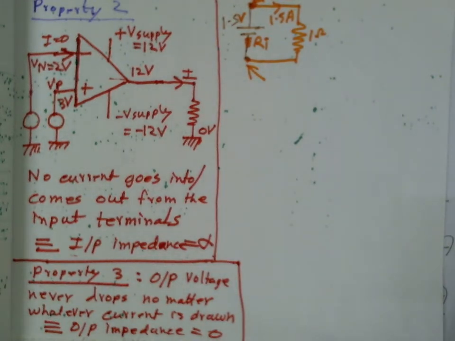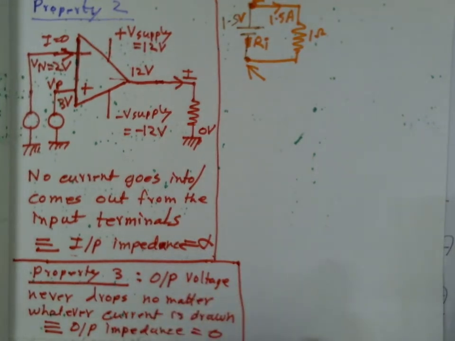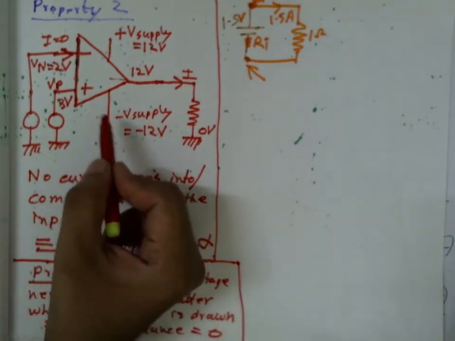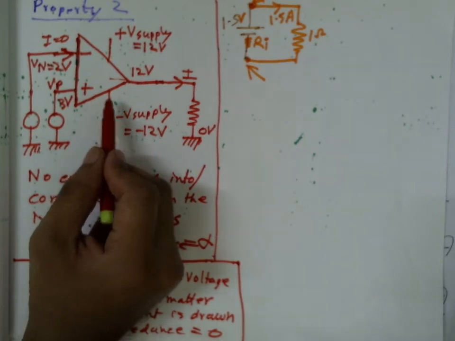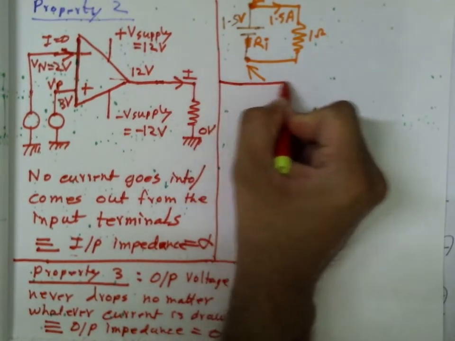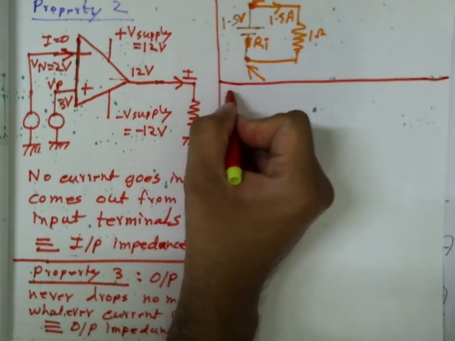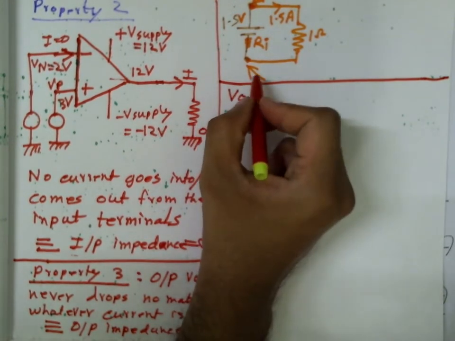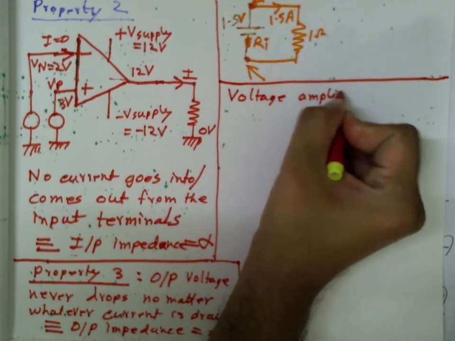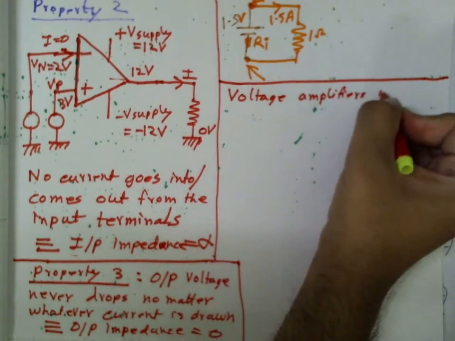Now, with the properties of these op-amps that we have described, keeping that in mind, we can make many useful circuits with an op-amp. Like we can make some voltage amplifiers. So we will now discuss how to make voltage amplifiers with op-amp.